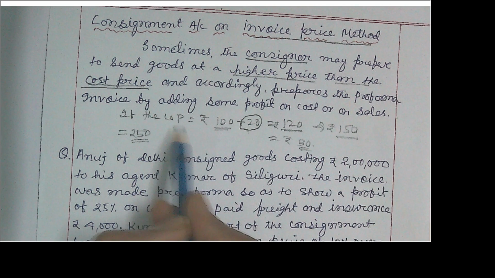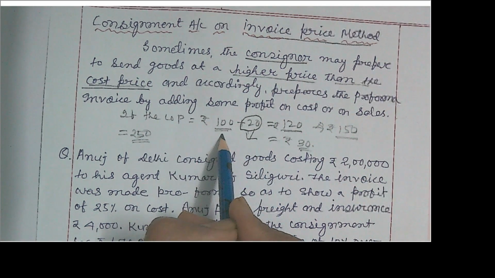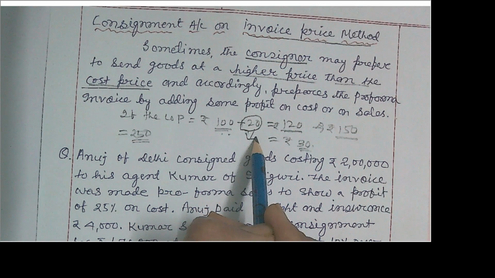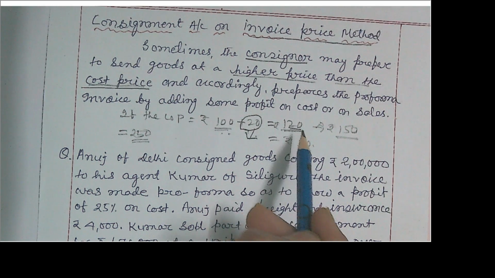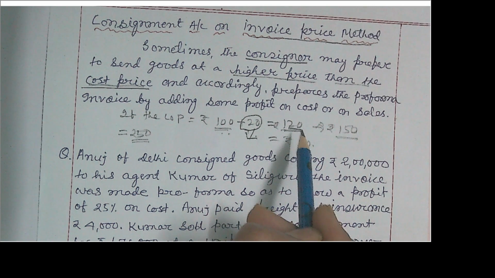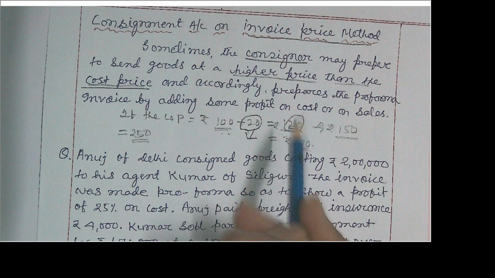Now this is the extra price added, 20 rupees. It is unloaded, meaning added, and now we have to remove this 20 rupees to find out the actual profit. To find out the correct profit, we have to ignore this 20 rupees.